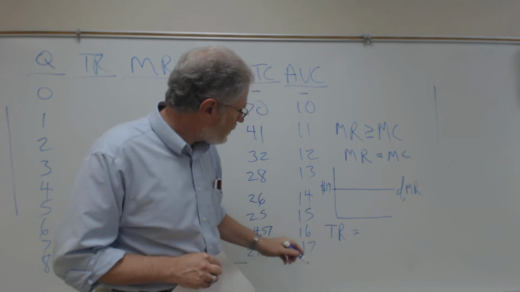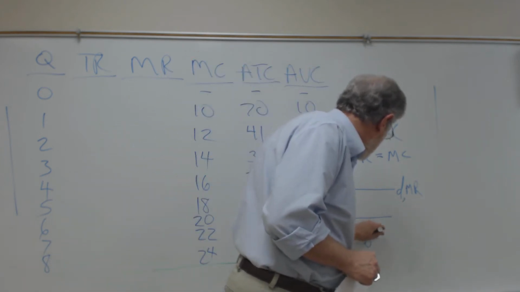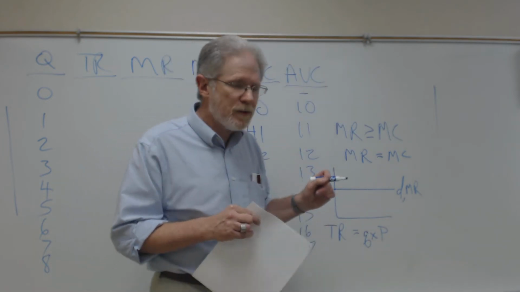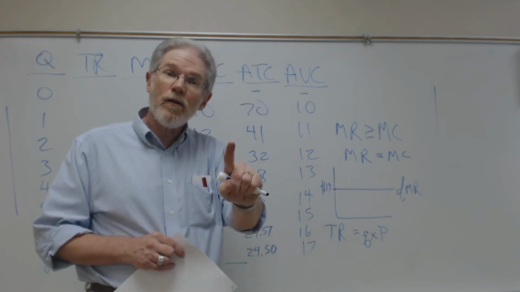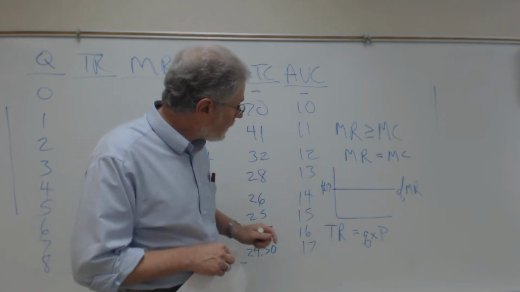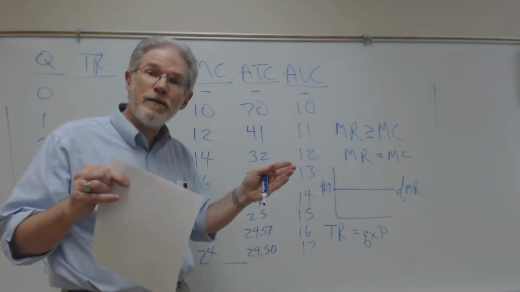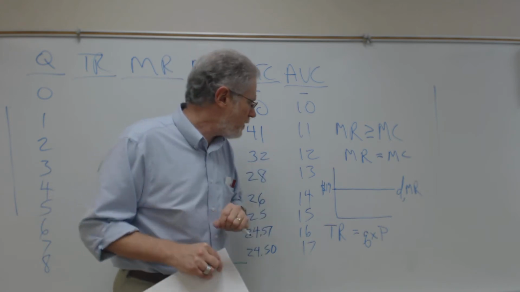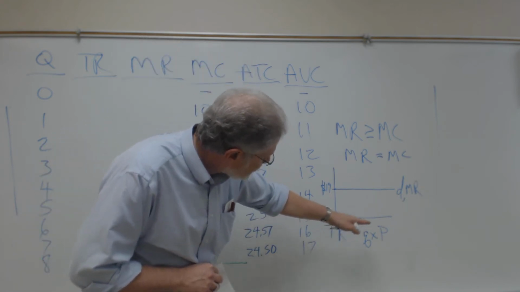The firm's total revenue is the quantity it produces times the price that it charges. We're only considering firms that set a price and sell all that they can sell at that price. We're not considering price discrimination, where the firm can charge different prices for different units. So total revenue is quantity times price.